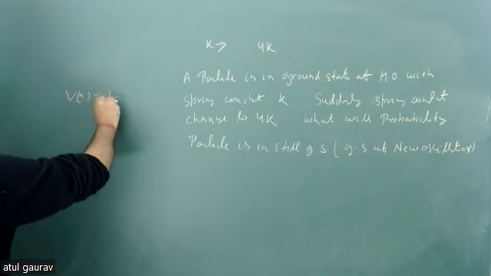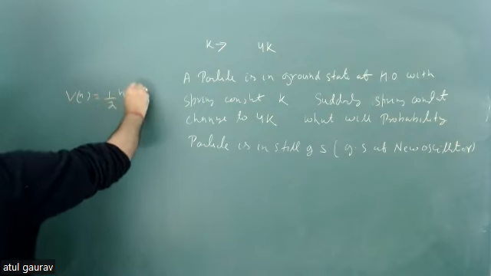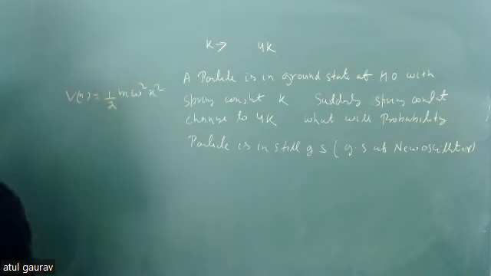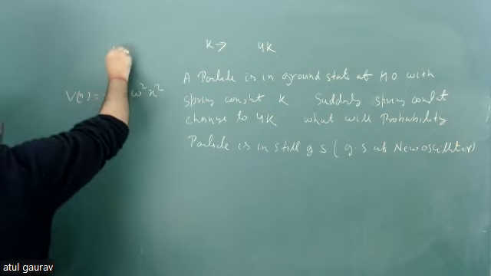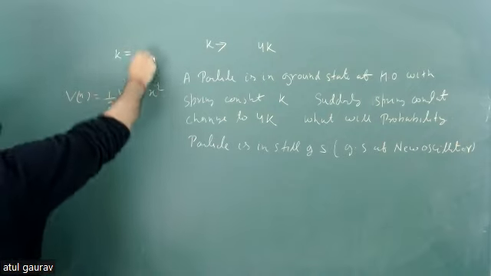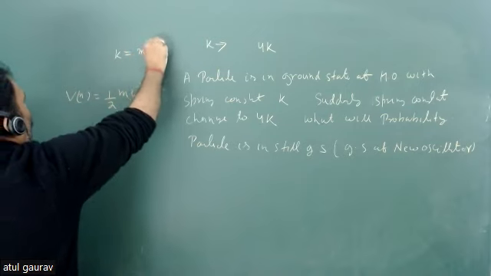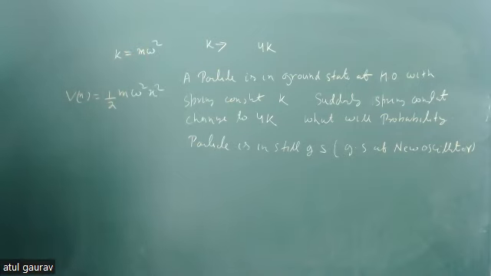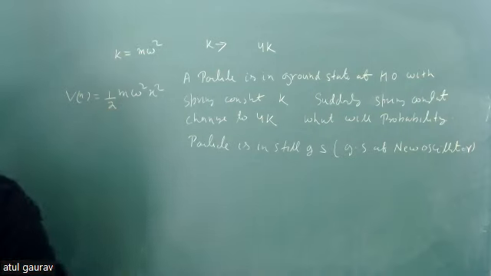V(x) is equal to half m omega square x square. And what is the value of K? m omega square, है ना? ठीक है? This is your m omega square.